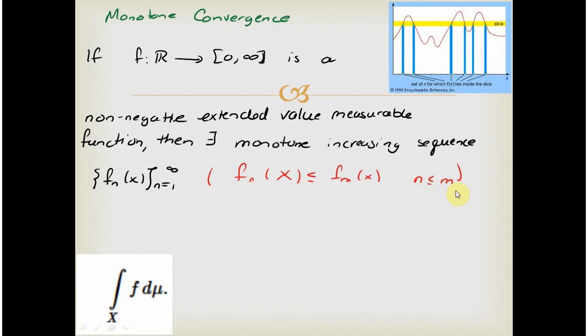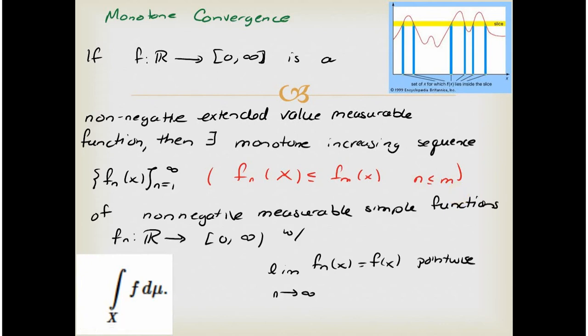So they're gradually getting bigger and bigger. And they're non-negative measurable simple functions that converge pointwise to f of x. So every f of x, as I mentioned before, can be expressed as the limit of a sequence of simple functions.